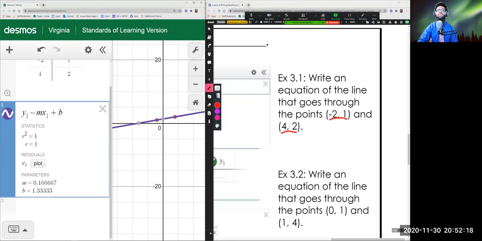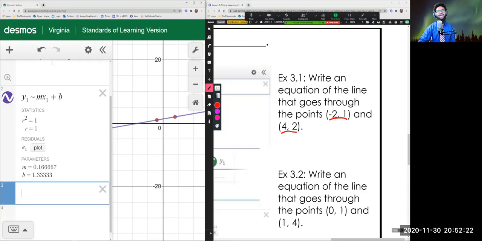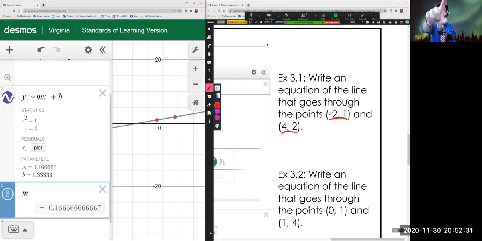Since these things are decimals, we don't want to type that right in because it's hard to draw the slope of a decimal number. So we're going to type it in. We're going to hit m, and it gives us what our m value is. And then over here, if you haven't seen this little fraction bar thing, you can click that, and it changes it to a fraction.